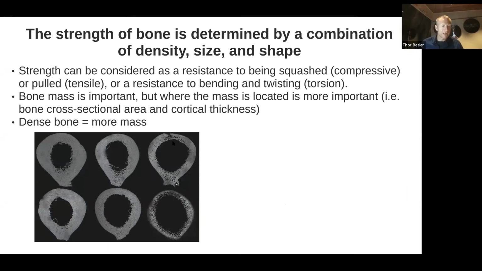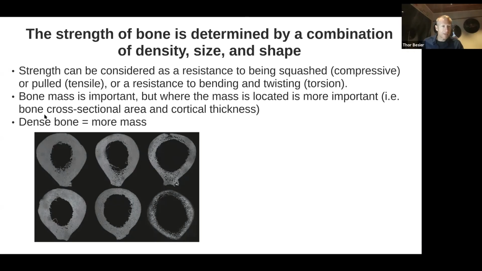And so what I mean here, if we go back to our example, is the cross-sectional area of the bone and the thickness of the cortex, because this dictates how much resistance there will be to, say, these bending moments, which are really important for our long bones, our load-bearing bones, which undergo large bending forces.